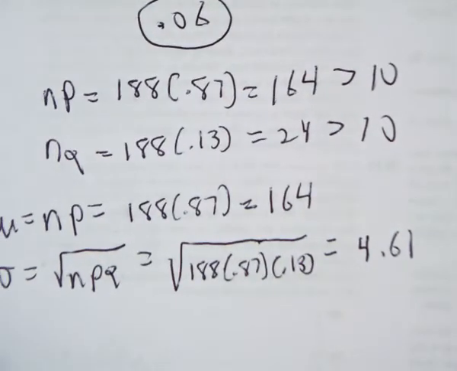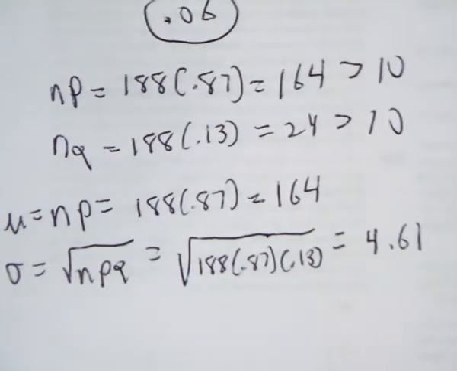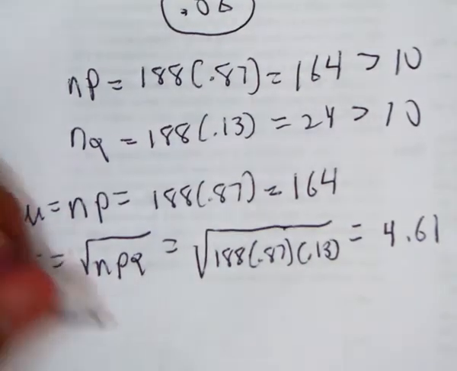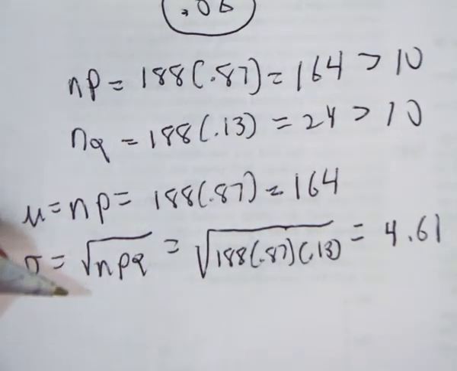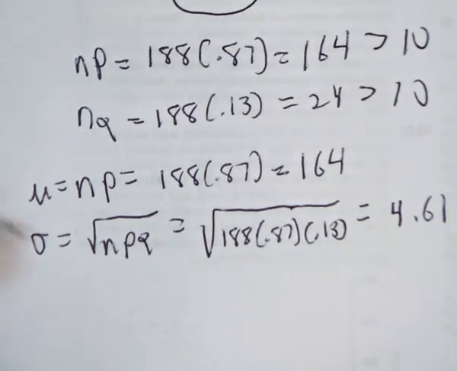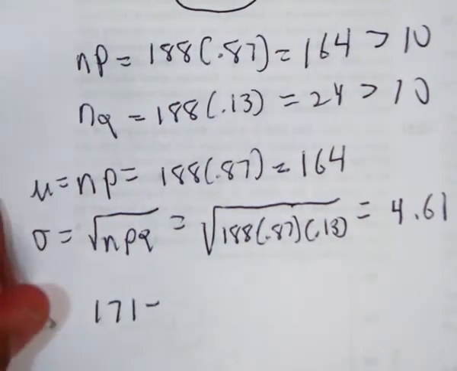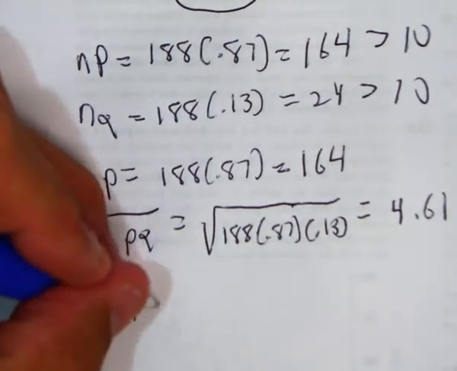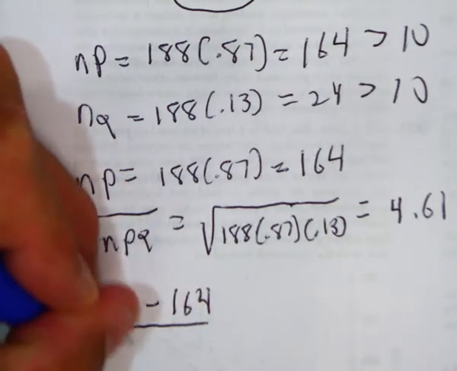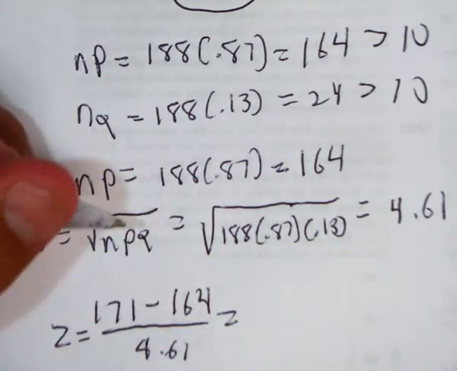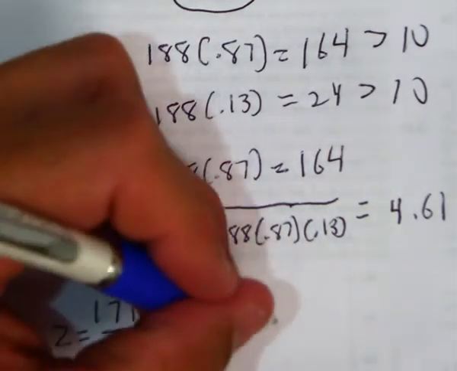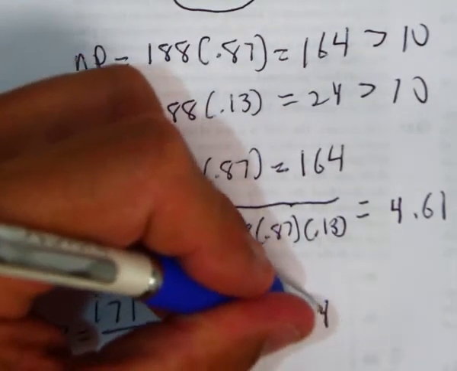So again, there's 170 right-handed desks, so the 171st person who comes in has to sit down at a left-handed desk. So for 171, we're doing a z-score: 171 minus 164 over 4.61, and if you do that out, you get 1.614.